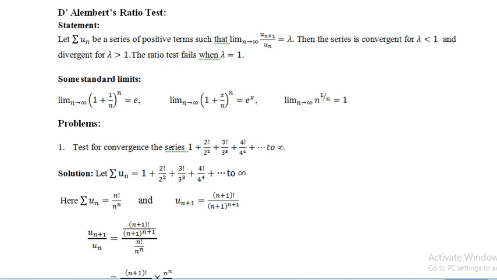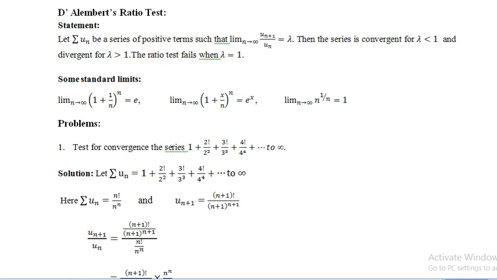Here we have some standard limits. The limit of (1 plus 1 divided by n) raised to n, when n tends to infinity, is e.